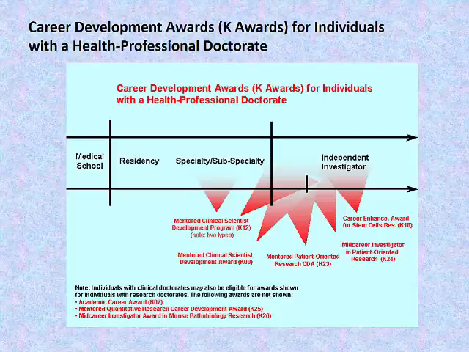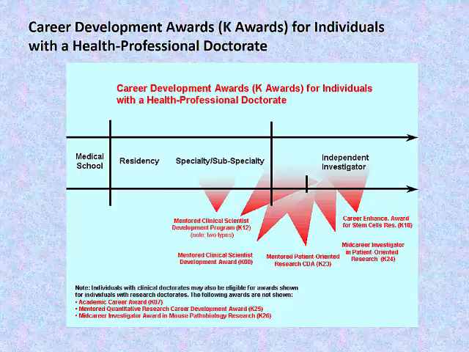Okay. So this is a picture from the NIH, and it helps you know, on the developmental trajectory from med school through independent investigator, which of this complicated set of awards you should be going after when.